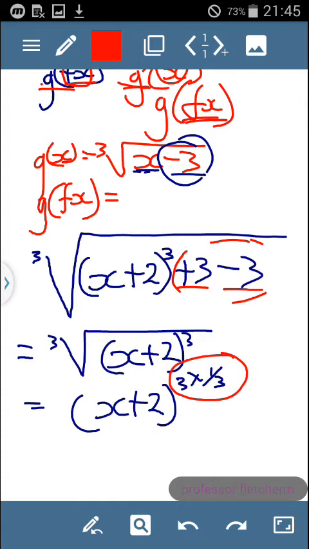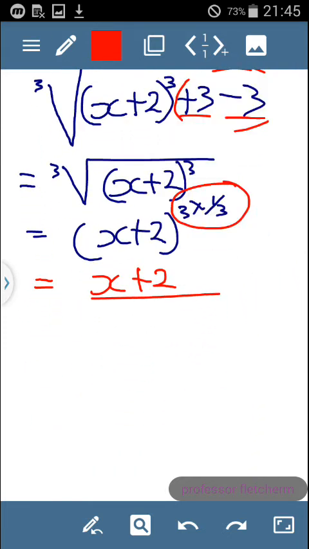It's basically 3 times a third, and that's going to give 1. As a result, we are going to have x plus 2. So this is going to be our g of f of x.